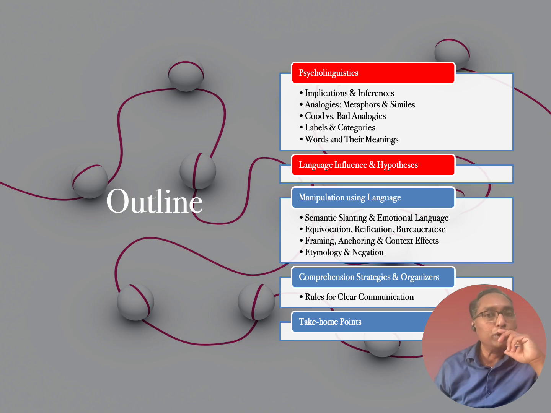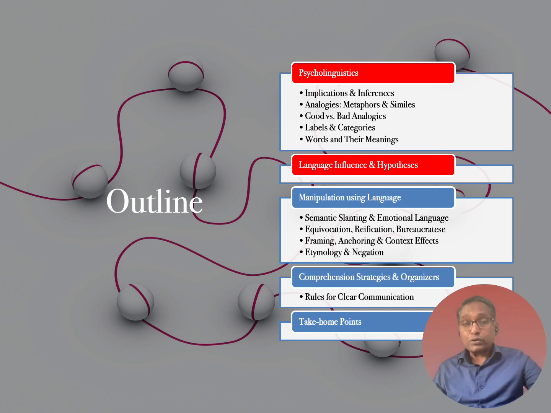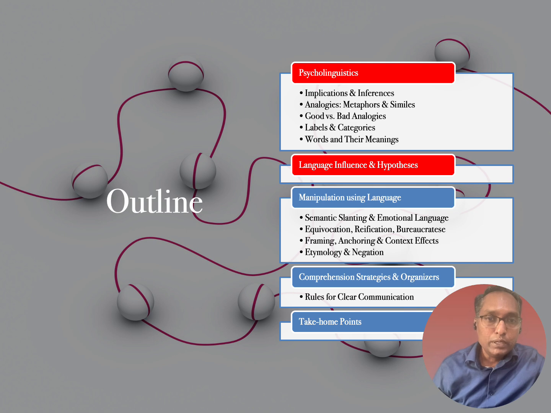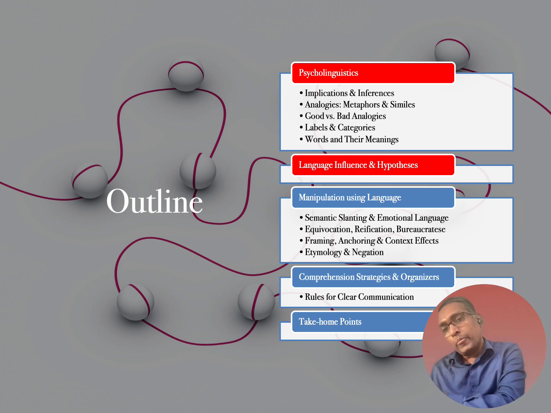So we'll talk about whether the language that we use can influence our thinking, or determine our thinking, which has implications, right? It actually implies that if you are a speaker of one language, the way you think is different from people who think in other languages.